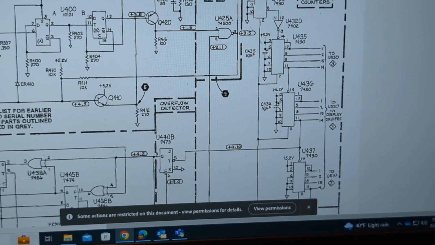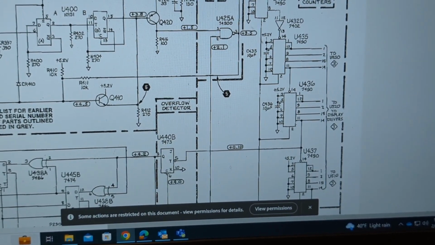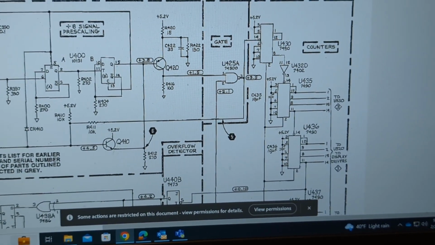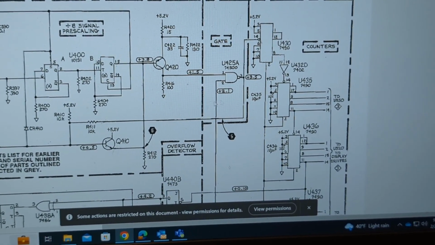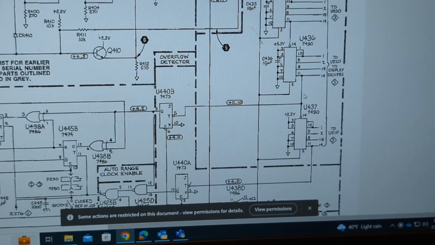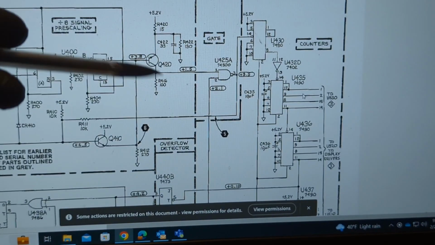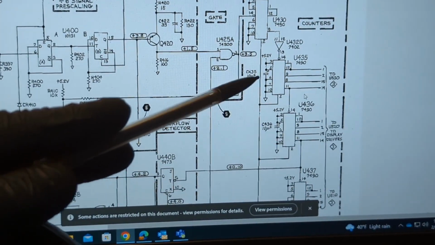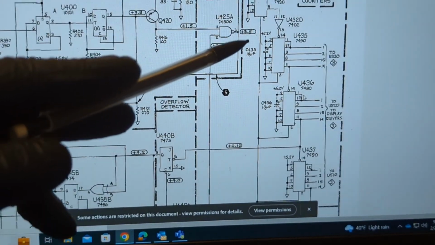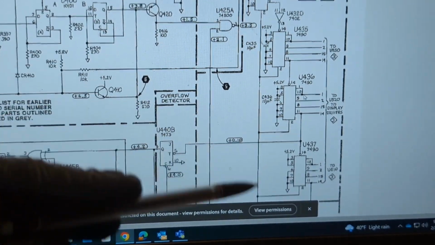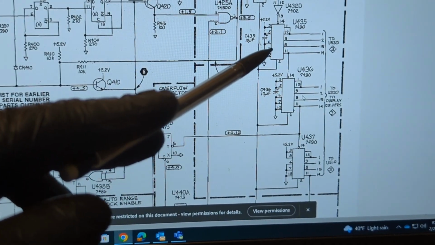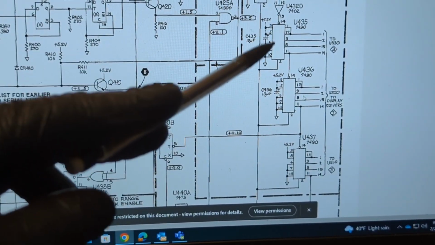Okay, so we're looking at the schematic here, and you can see you've got these 4 cascading 7490s. Over here you've got U430, U435, U436, and then U437. U435, U436, and U437 have BCD outputs, or binary coded decimal.